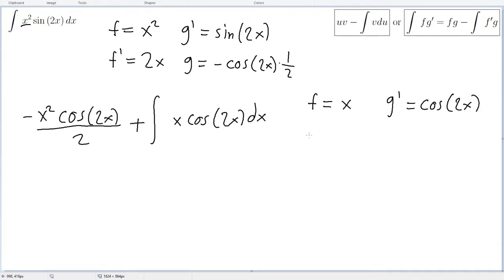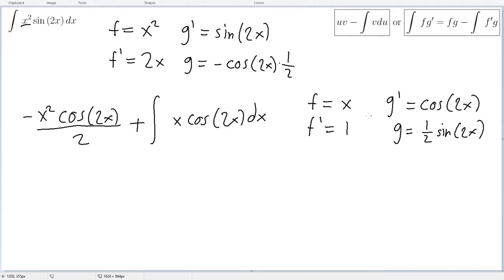The derivative is just 1. The integral should be half of sine 2x, because the integral of cosine is sine, and because it's 2x, you divide by 2.